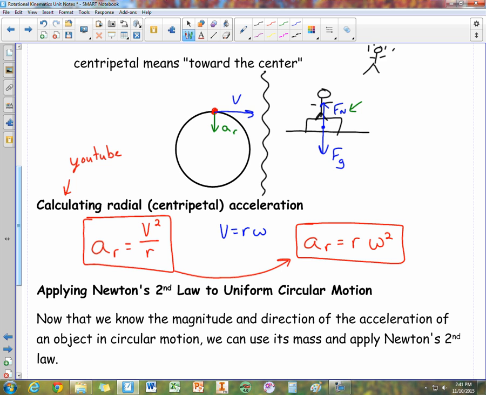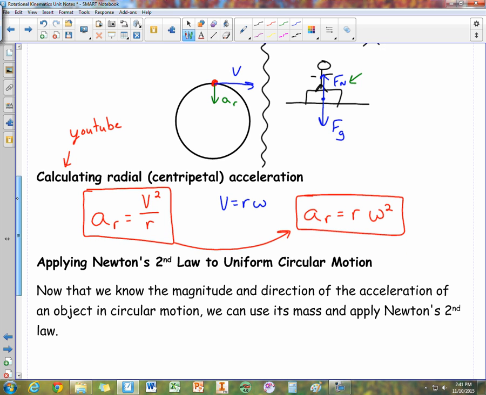So how we can bring this all back into radial acceleration. Imagine if we were to look at a spaceship or a space station. In space, we would consider ourselves to be weightless. But imagine for a second if we had a circular space station that was rotating.